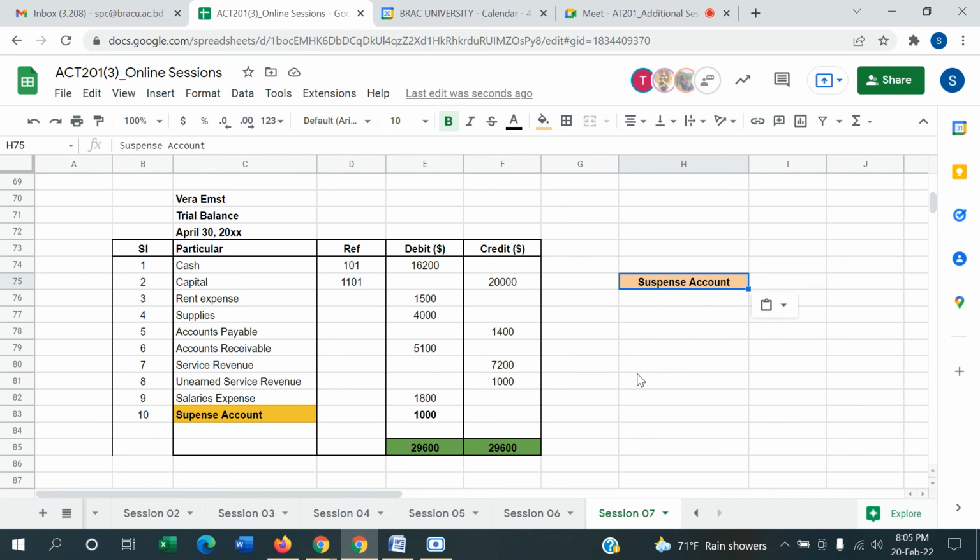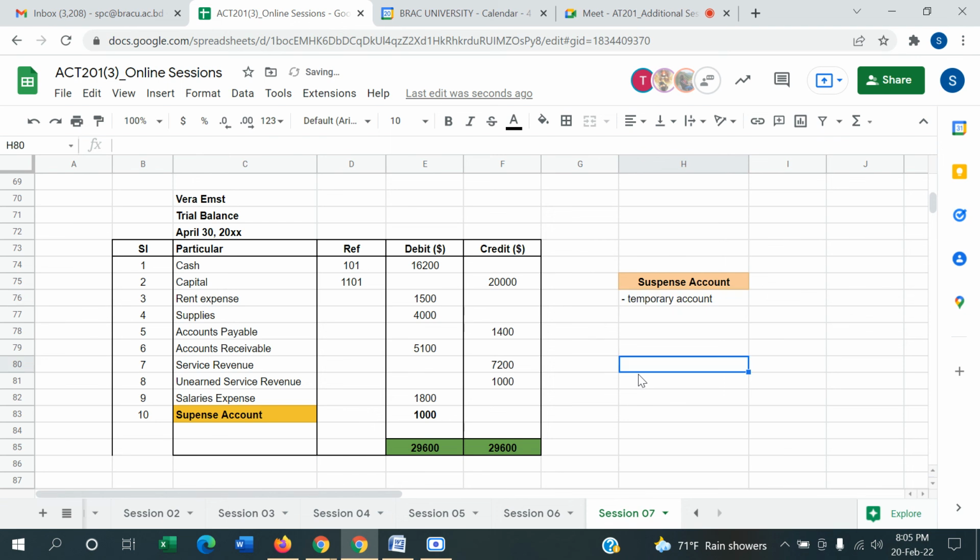No, sir. The suspense account will be eliminated. That's why the suspense account is basically a temporary account, created just to equalize both the debit and credit columns of the trial balance. So what mistake are we talking about?